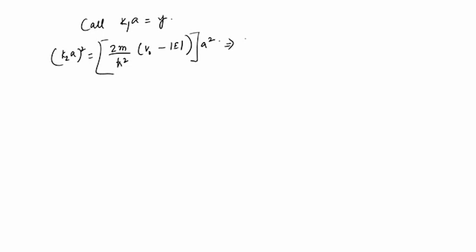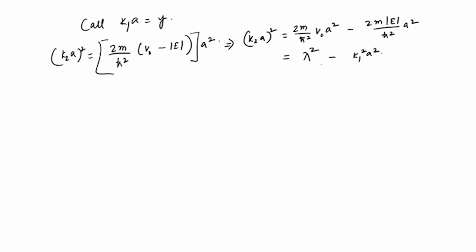So that tells us that k2 squared a squared is equal to 2m V0 a squared over h-bar squared, which for a given problem is a constant, minus 2m mod E a squared over h-bar squared, and let's call this lambda squared minus k1 squared a squared.